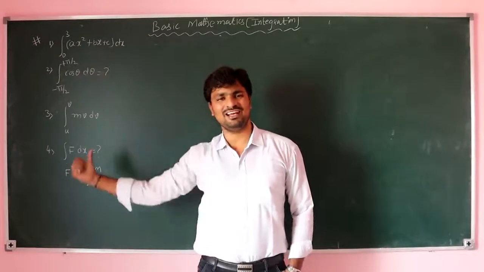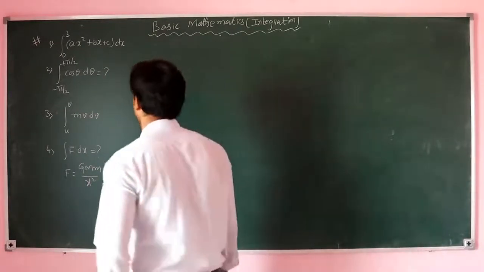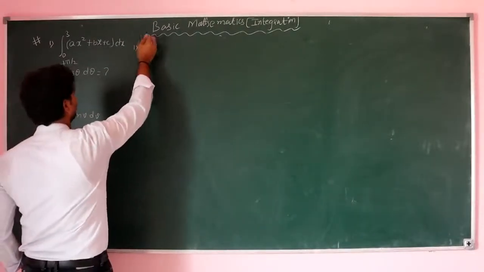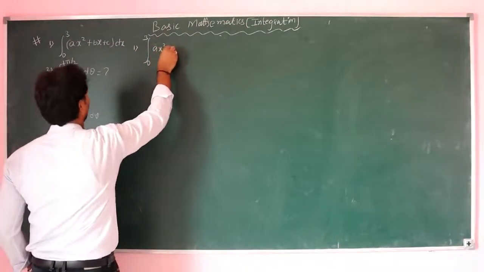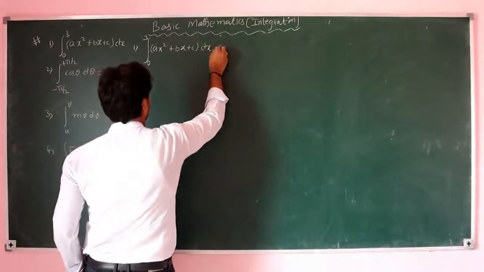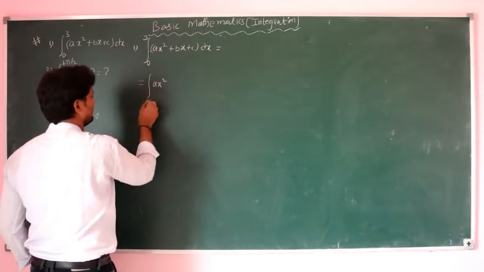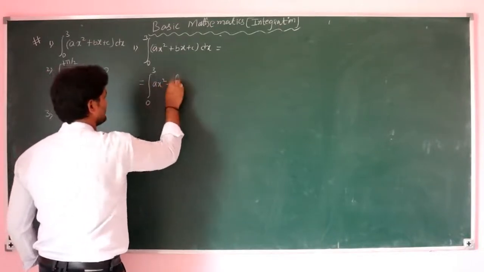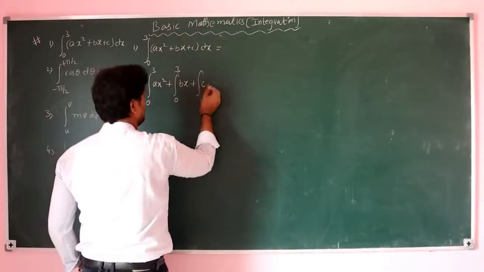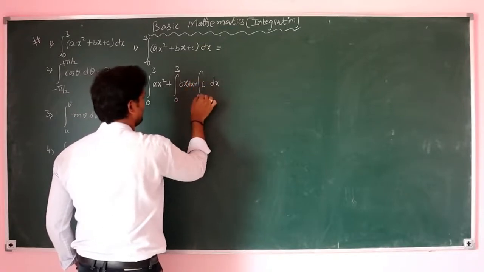Okay, let's see some more examples. So then how are we solving? Have a look over it. First one is integral 0 to 3 of ax square plus bx plus c into dx. So you can write integral ax square 0 to 3 plus integral bx 0 to 3 plus integral c dx 0 to 3.